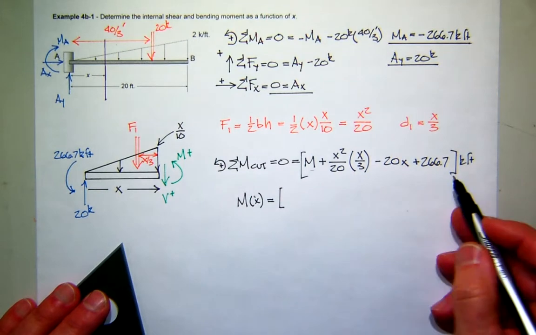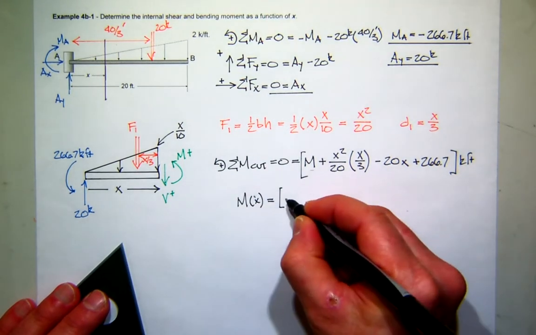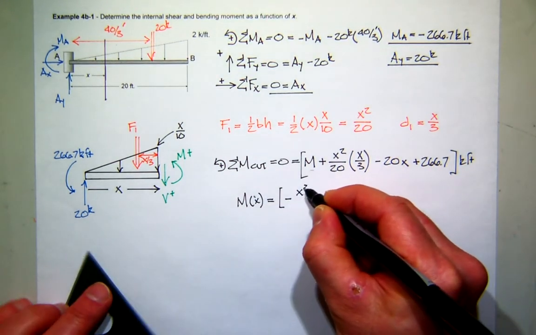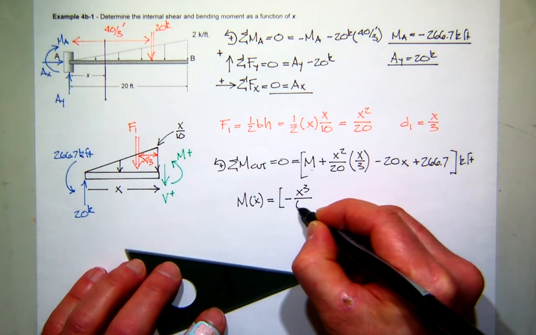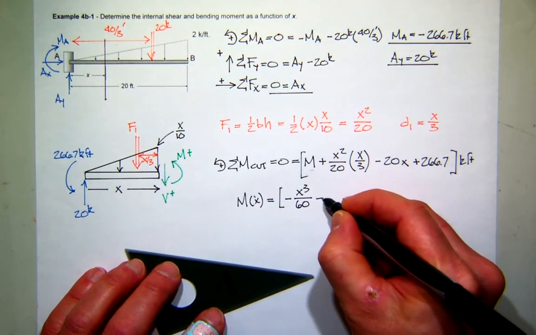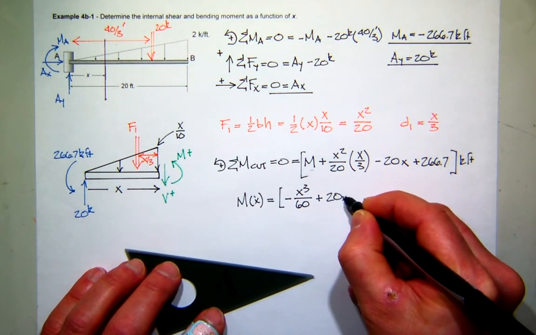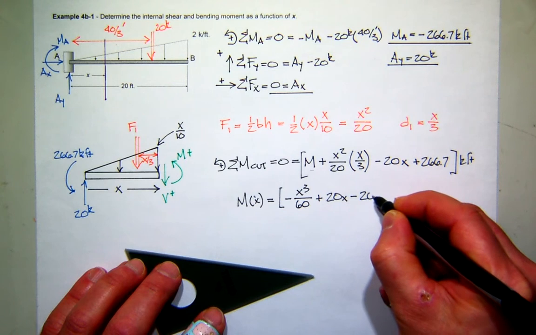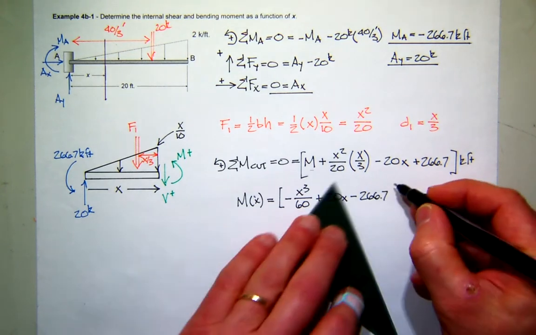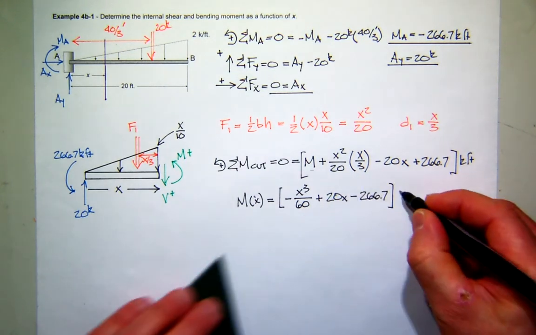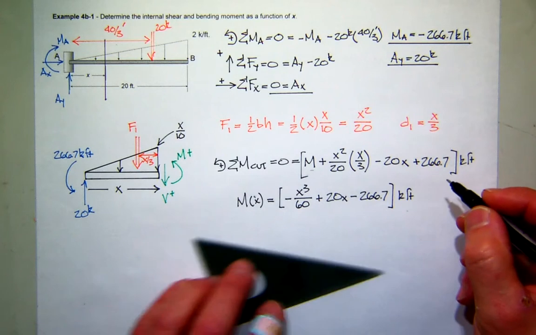Well, all this stuff just goes to the other side of the equation. I get minus x cubed over 60 plus 20x minus 266.7. And again, that has units of kip feet.